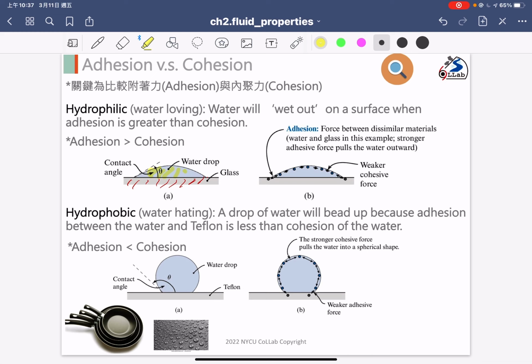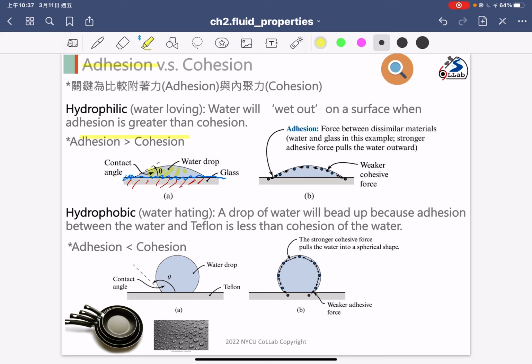That means along this boundary, the blue line boundary, we call that adhesion. Different materials have a different force, but the same material only has the cohesion force. So that means the adhesion is larger than cohesion, so the water cannot become a bubble, because the adhesion fixes it at the boundary and it cannot form bubbles.